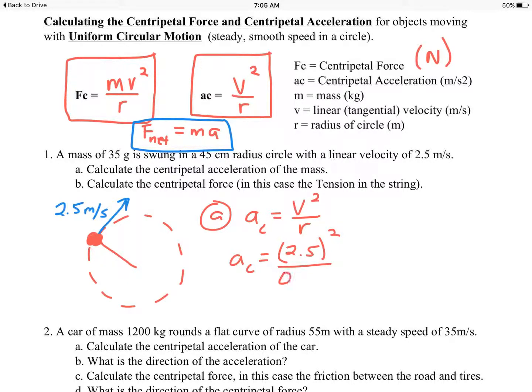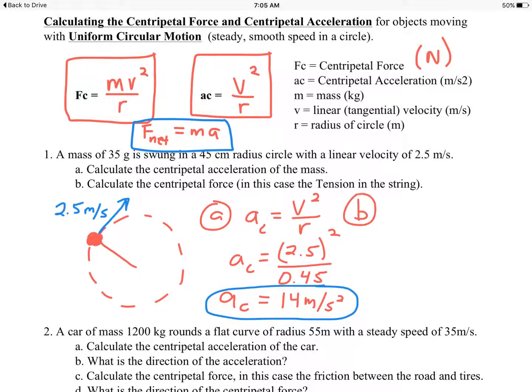That converts to 0.45 meters by moving the decimal 2 places. So the centripetal acceleration comes out to be 14 meters per second squared. That acceleration is directed towards the center, even though the tangential velocity is, as we say, tangential to the circle as shown in the diagram.